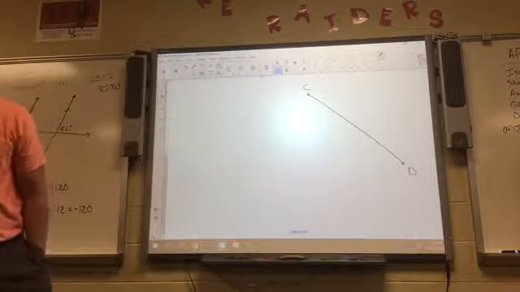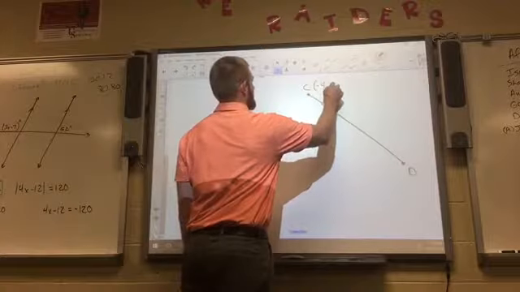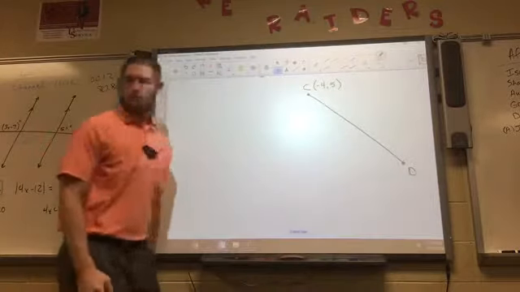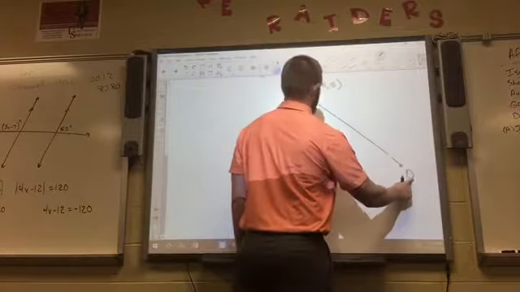And point C is at negative 4, 5. And point D is at 8, negative 3.